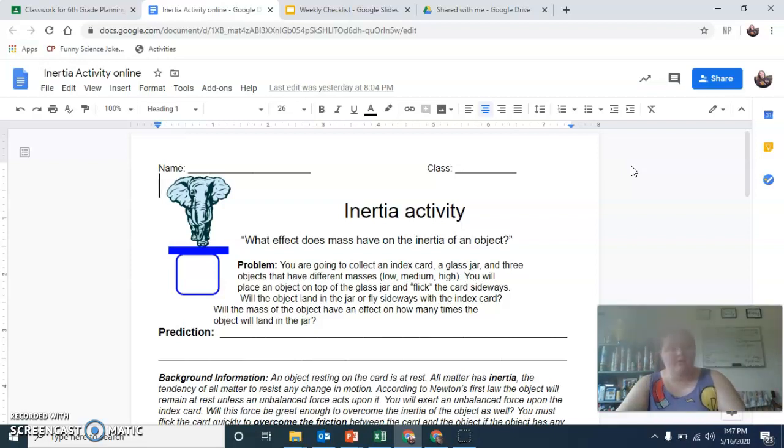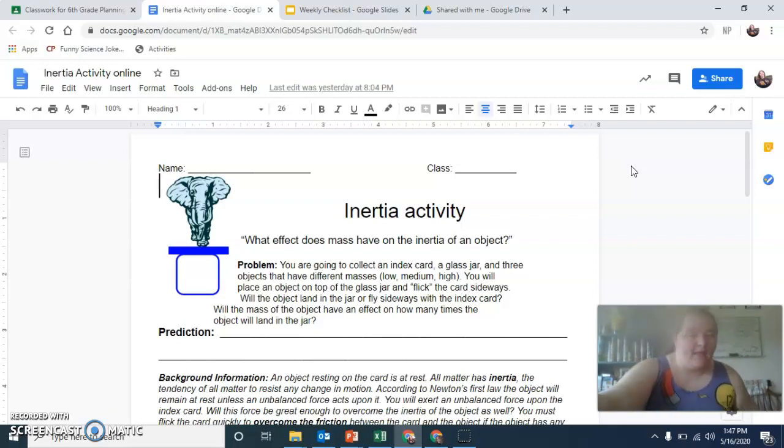Yours do not need to be the same, so long as you have one that is a really low mass, something that feels like it weighs almost nothing, one with a medium mass, and one that is a more hefty mass. You're going to put an object on top of the glass jar on top of an index card, flick the card away, and observe what happens.